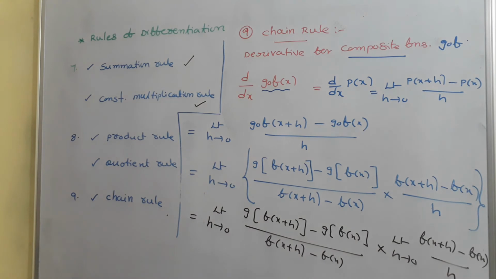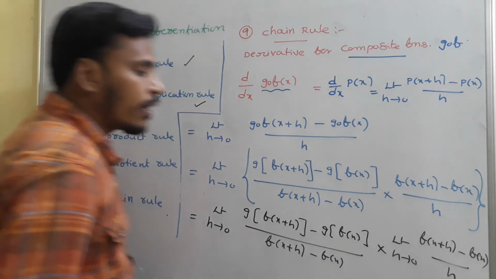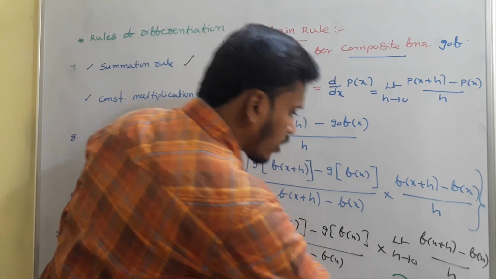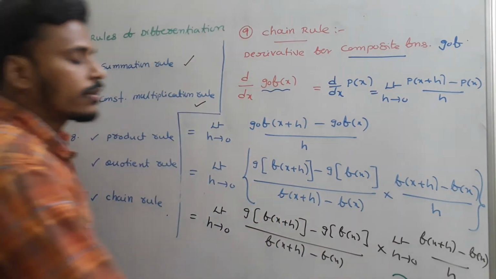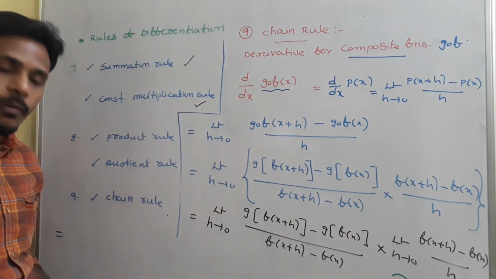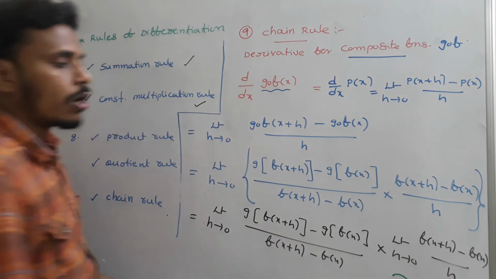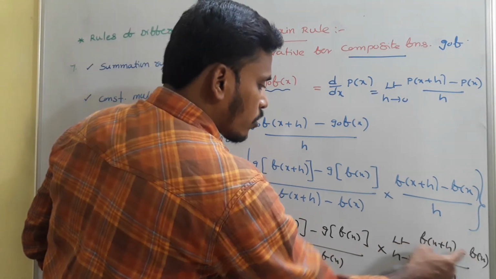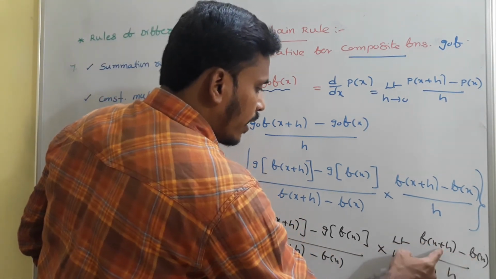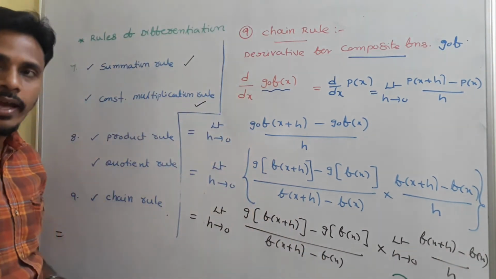And now you express it in terms of derivative. How to express it in terms of derivative? Just look at this second part. What is the second part? Limit h tends to 0, f of x plus h minus f of x by h. That is clearly d by dx of f of x, because it is the difference of f values divided by the difference of the x values.